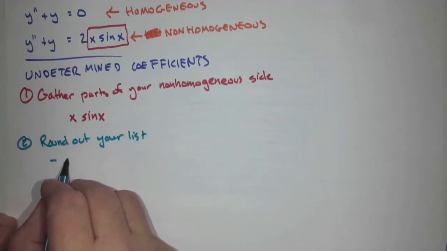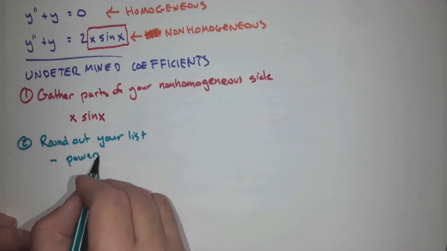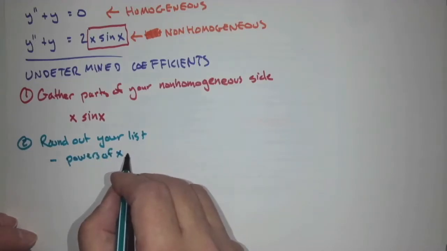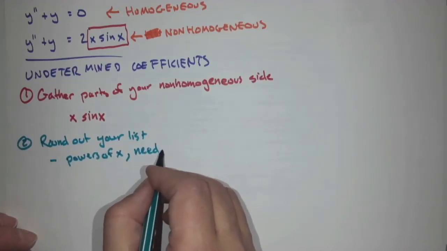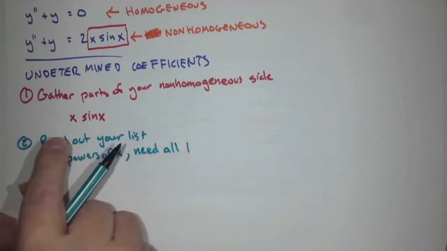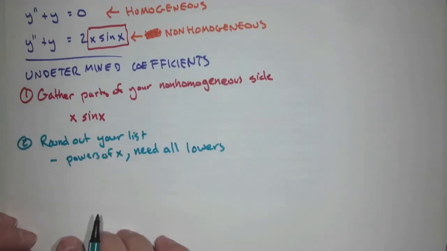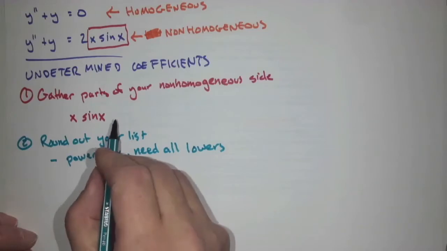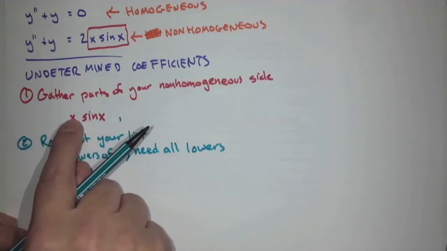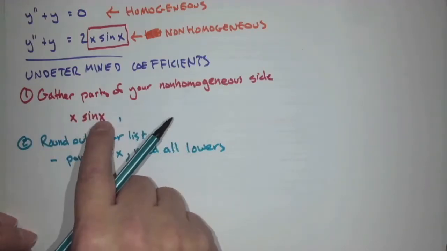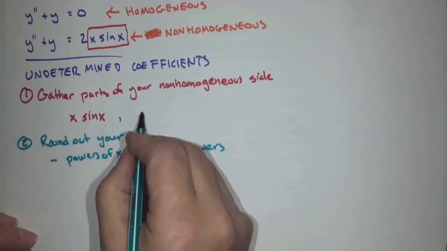First thing, if you have powers of x, then you need the lower powers as well. So, do we have anything with the power of x in our list? Yes. So what else needs to be on our list if we're rounding it out? Sine x. Because this x is what we have to go down. Not the x on the inside, the x on the outside. So we need sine of x.